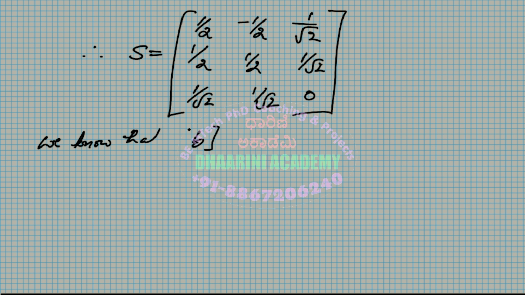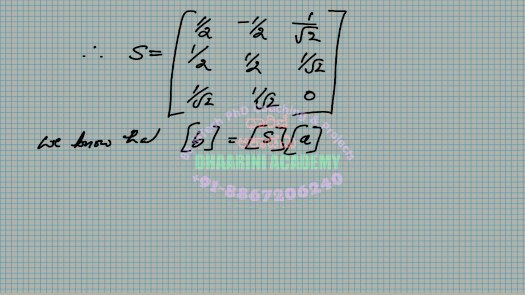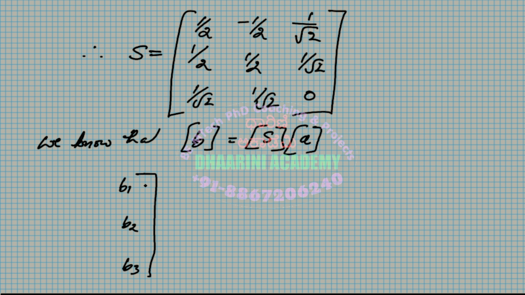We can write matrix B is equal to matrix S into matrix A. This is a general equation that is applicable for any of the junctions. Now we'll write specific to this junction. B should be three different values because there are three ports, so let me write B1, B2, B3. It's a column matrix, or a vector.